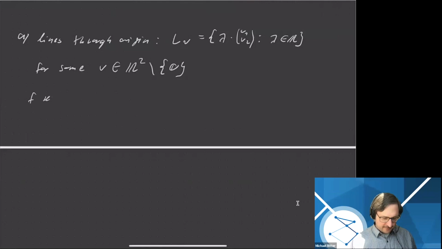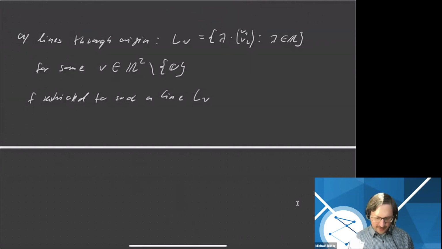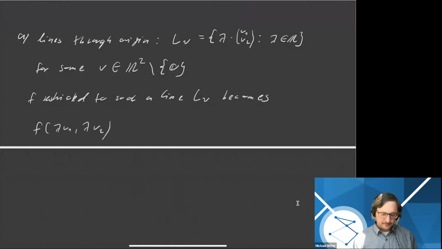And we want to know how f behaves along such a line. So f restricted to such a line L_v becomes, let's see. Basically the coordinates here are just λv1, λv2. So we have f(λv1, λv2), and we can just put that into the definition.